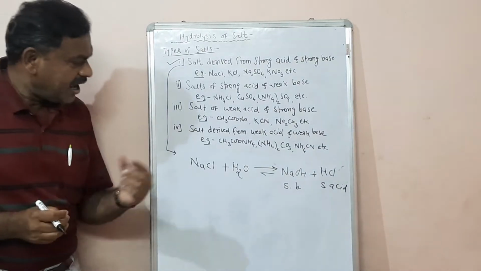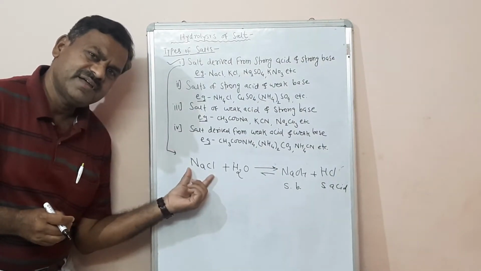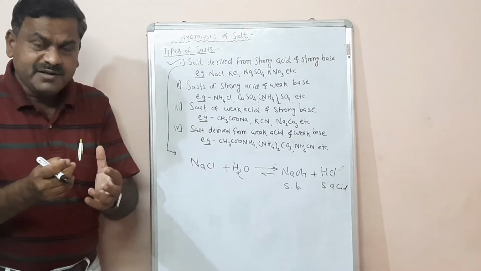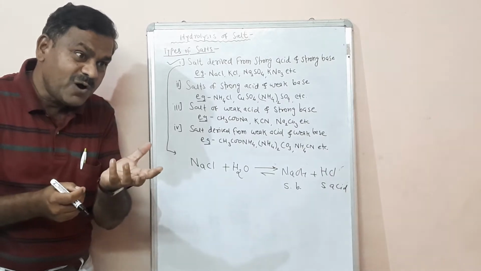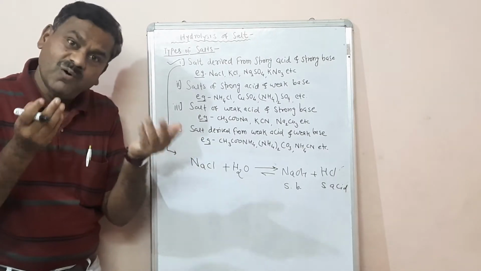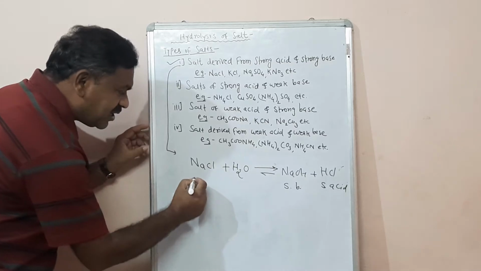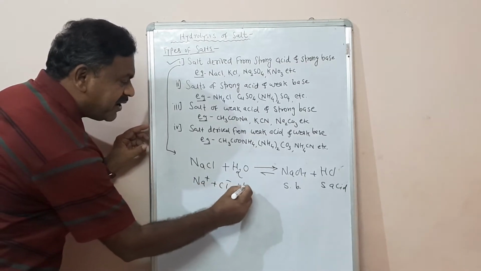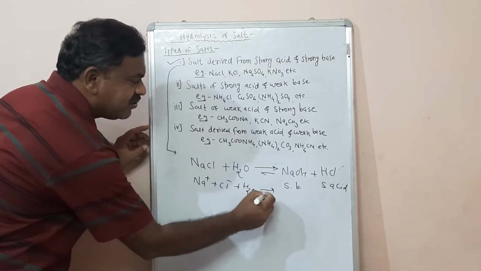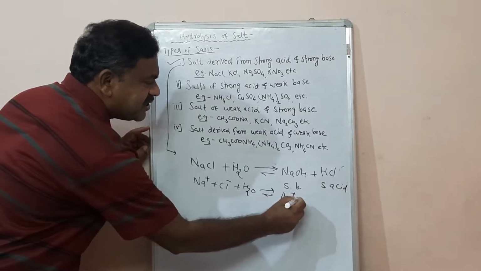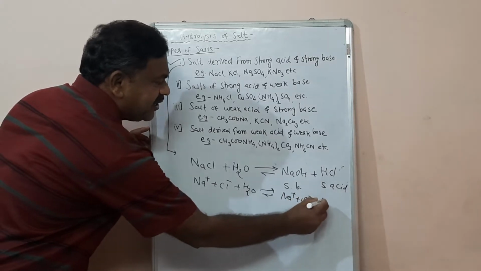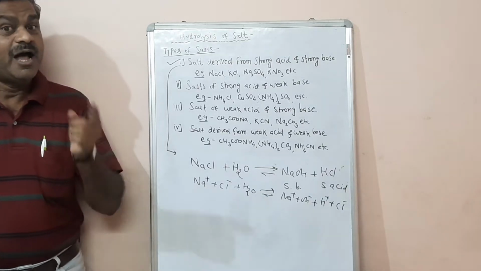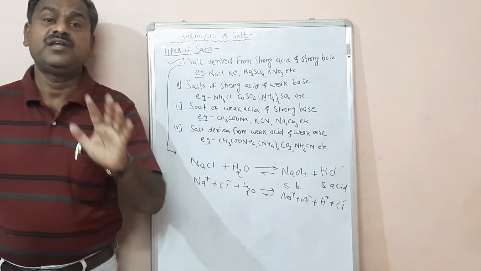Therefore, the hydrolysis of salt, according to the ionic theory: when that salt is dissolved in water, it gives Na+ and Cl- plus H2O, which gives Na+, OH-, H+ and Cl-. That is according to ionic theory.